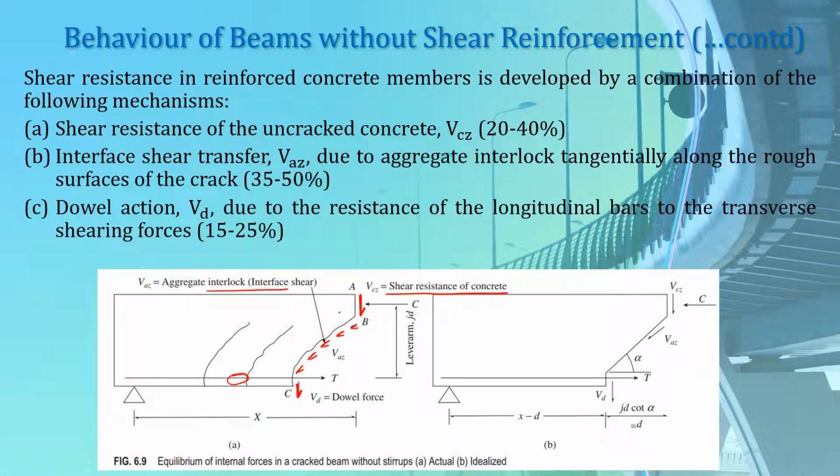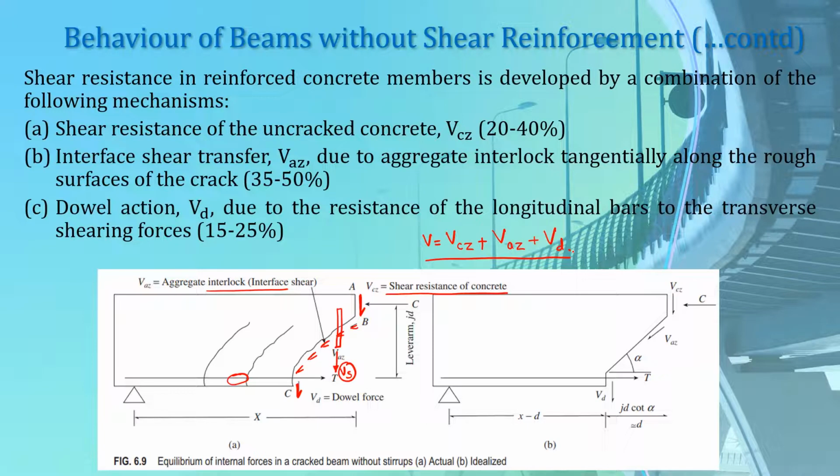If we had some shear reinforcement here, then this shear resistance would also be provided by this shear reinforcement. But for now, the shear resistance is only provided by these three forces: shear resistance of uncracked concrete, shear resistance due to aggregate interlock, and the shear resistance due to dowel force.